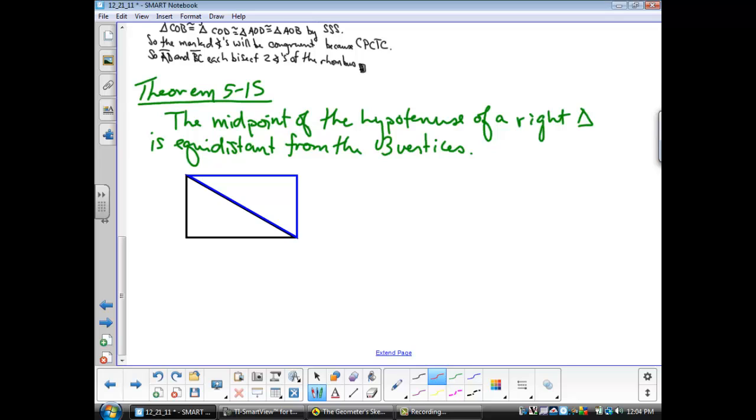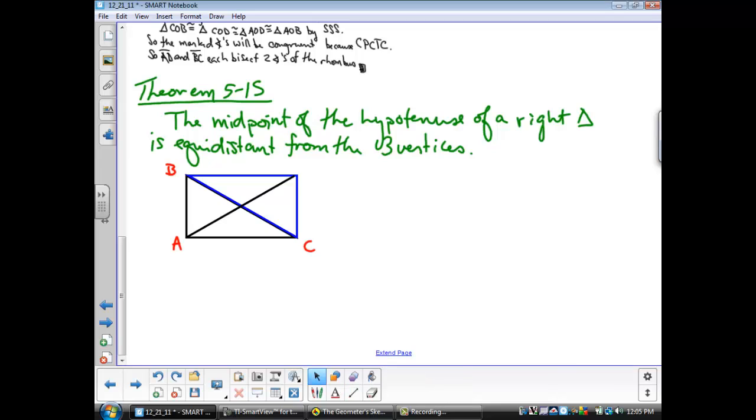So now, if I look at triangle ABC, what we're going to try to prove is that the midpoint of the hypotenuse, you can find the midpoint of that hypotenuse because diagonals bisect each other, by drawing this other diagonal.